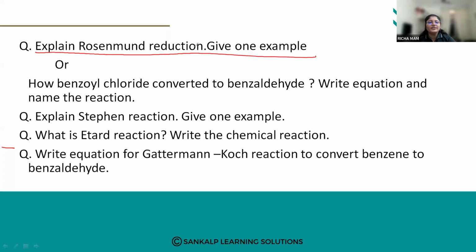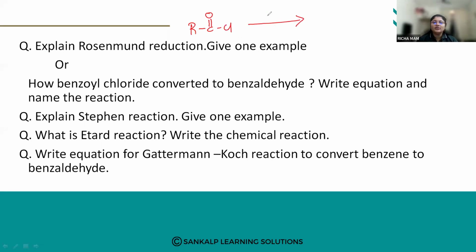So here, what are we doing? We are taking acid chlorides, RCOCl. We are doing hydrogenation using palladium as a catalyst over barium sulfate, and we are going to get an aldehyde and HCl.